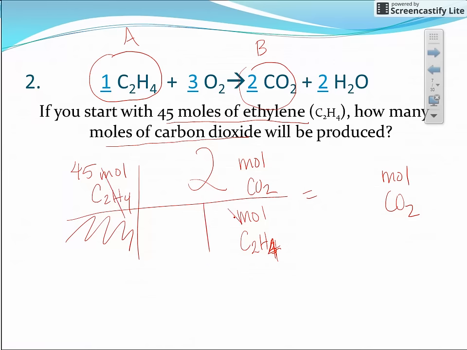Okay? The moles of C2H4 cancel. So you have 45 times 2 divided by 1. We need to round this to 2 sig figs because the mole ratio numbers are counting numbers. They have unlimited sig figs. So we need 2 sig figs here. So this is going to round to 90 with a decimal to make that count as 2 sig figs.